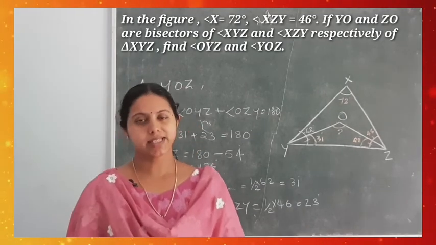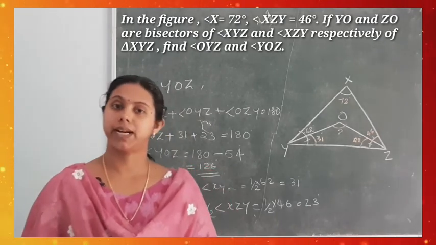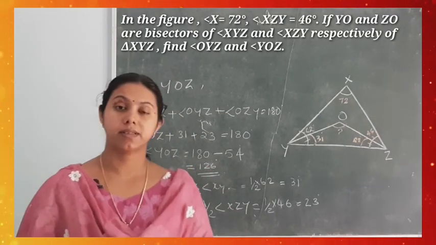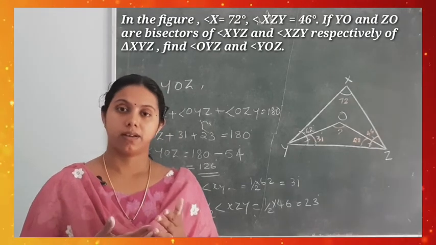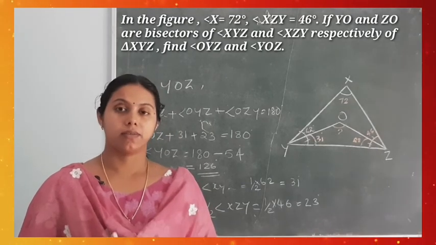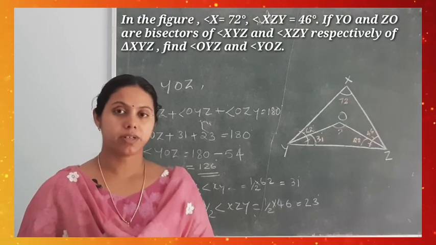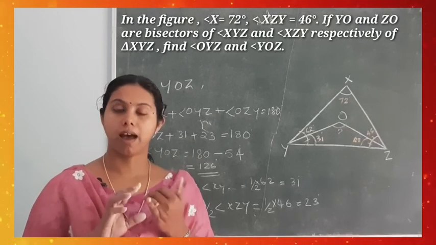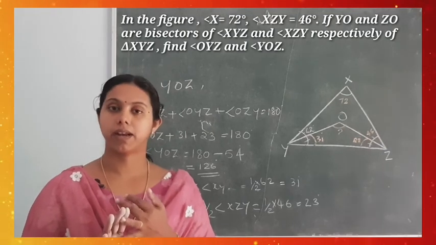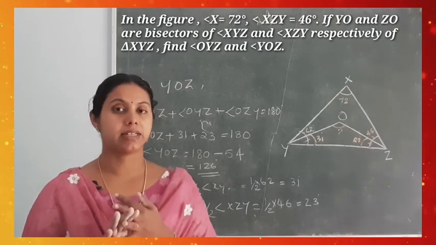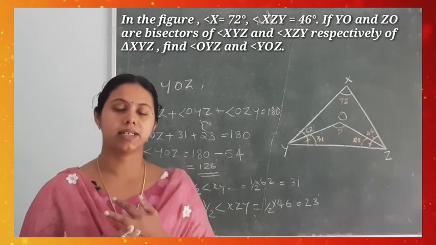So, dear students, we have studied so many theorems and two axioms also. Just to revise all this, we complete this chapter. First we studied the linear pair axiom. Then we studied one theorem related to vertically opposite angles.